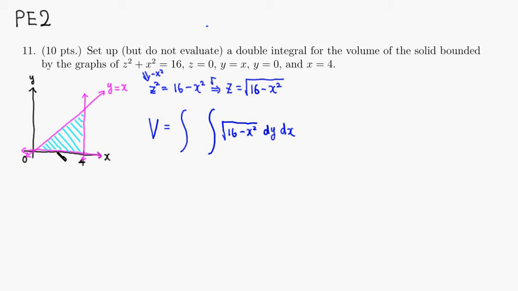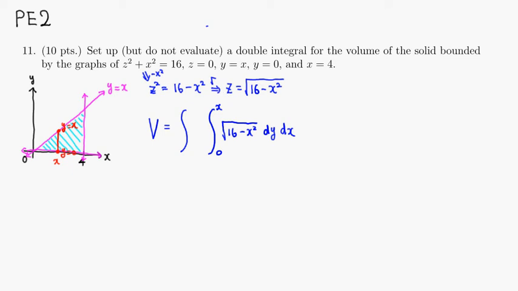If you fix x here, you can see that y is going to go from y equals 0 to y equals x, because that's the equation of the line. So it goes from 0 to x.